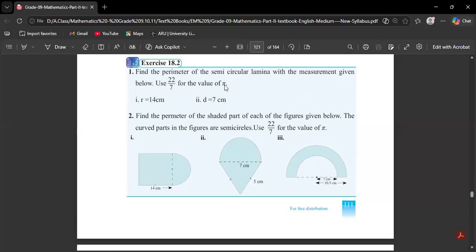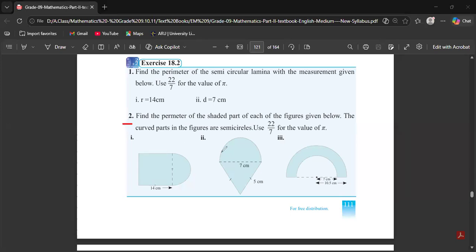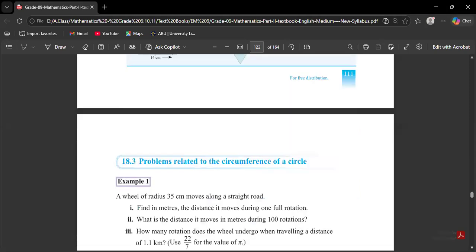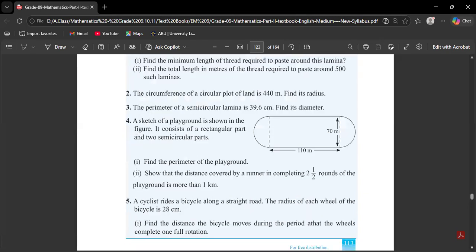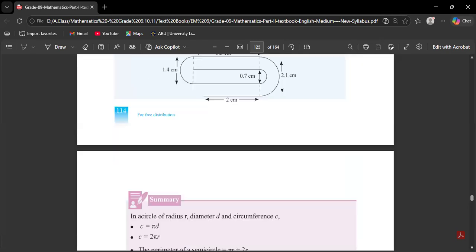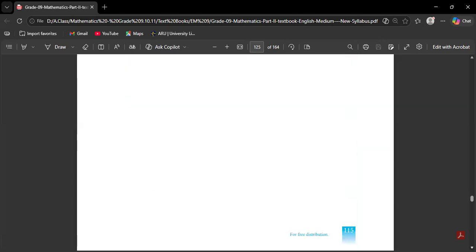Just try to find the perimeter, read this and find this, and this one, like that. I'm going to discuss these parts this Sunday. That's all. The lesson is over.